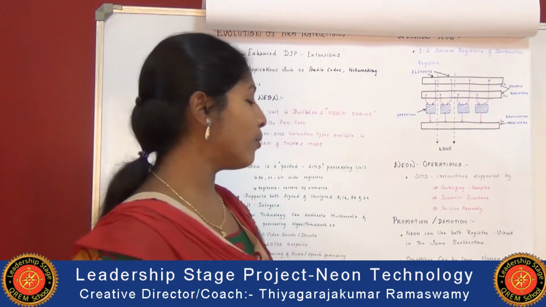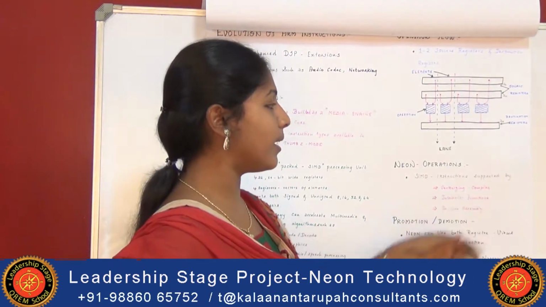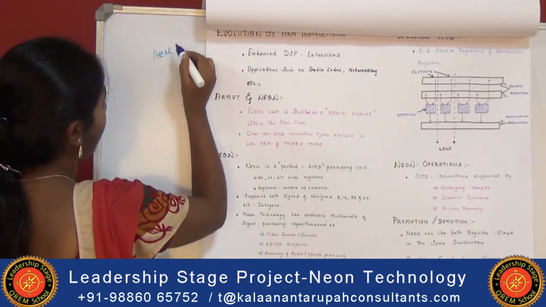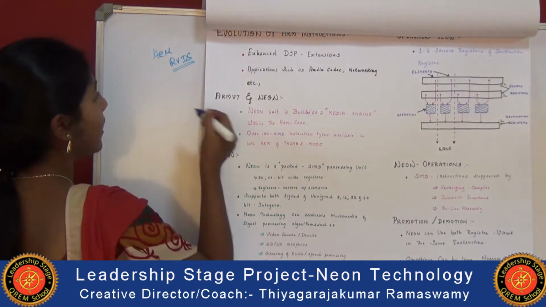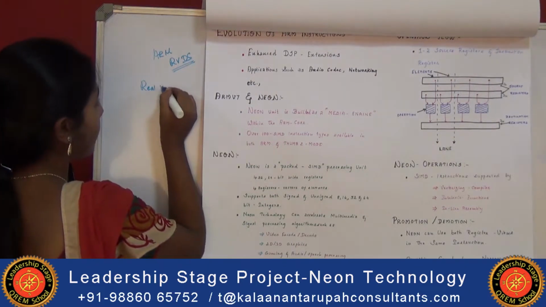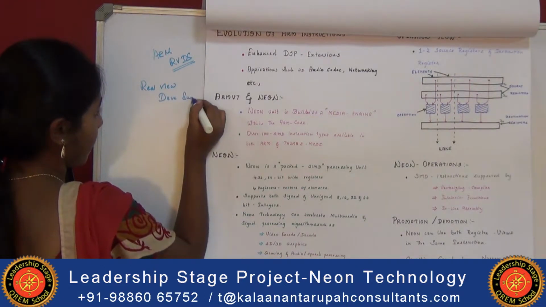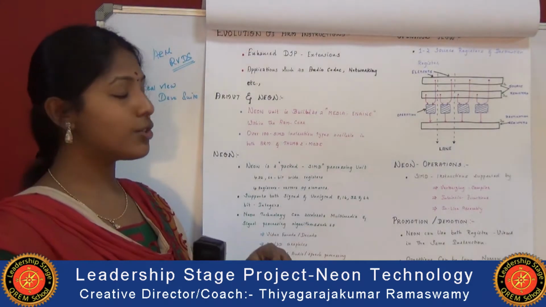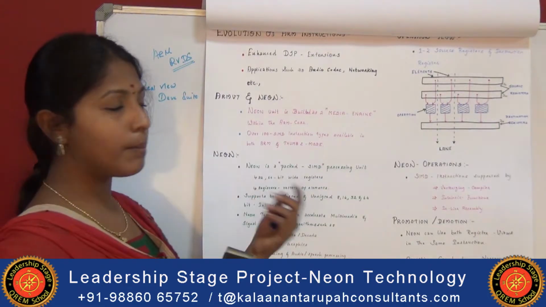And when we come to promotion or demotion, and the main thing in this vectorizing compiler, these three things are supported by RVDS. RVDS is nothing but the RealView Development Suite. This RealView Development Suite is a legacy solution for software development using an old ARM processor.